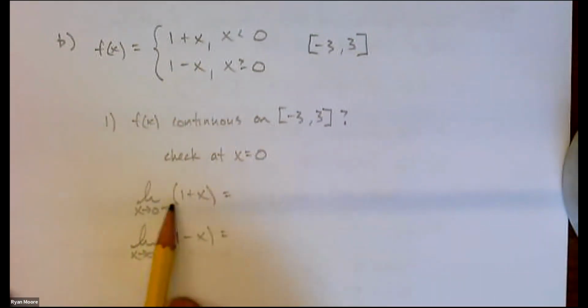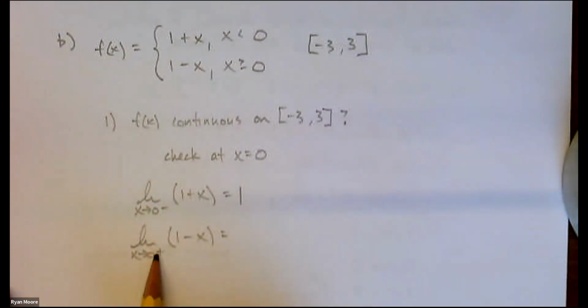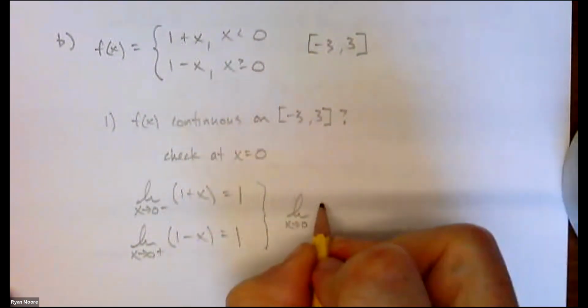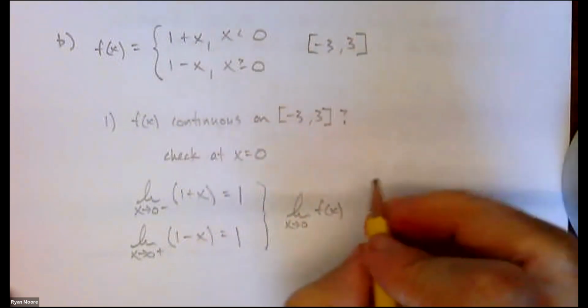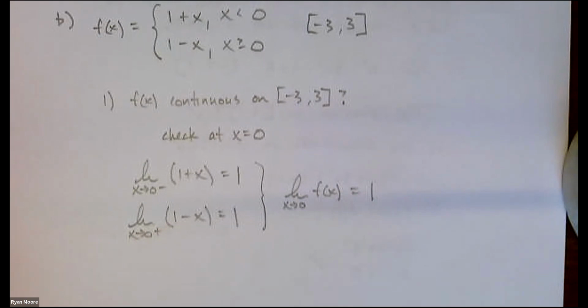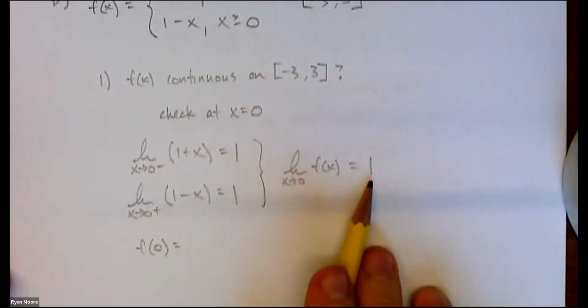Okay, so from the left, all we've got to do is plug in 0 and we get 1. From the right, plug in 0, we also get 1. So we know from this that the two-sided limit is equal to 1. Also, we need to check f of 0, to make sure that that's equal to our limit value as well.